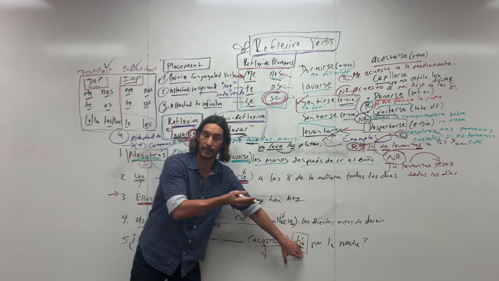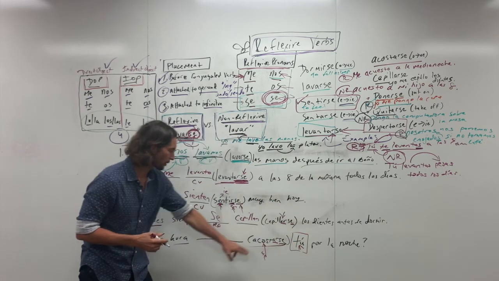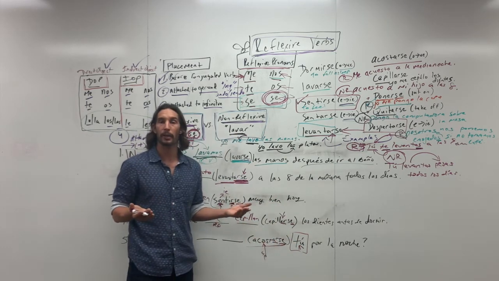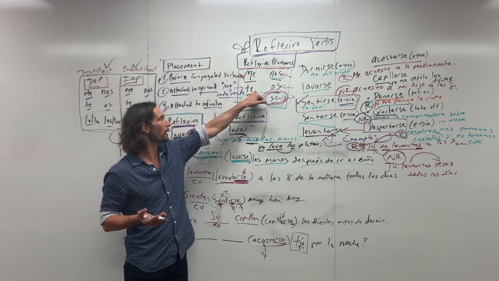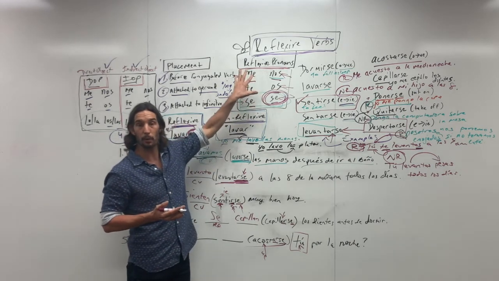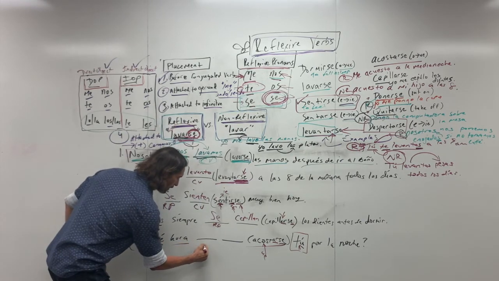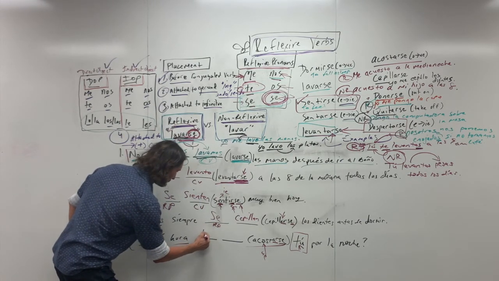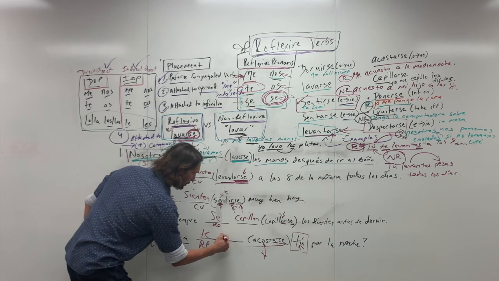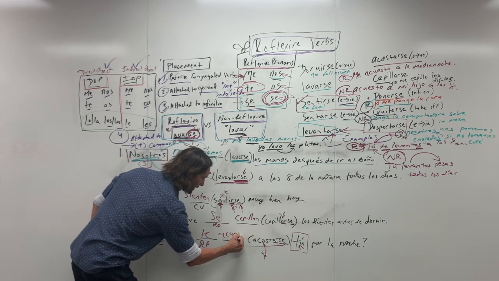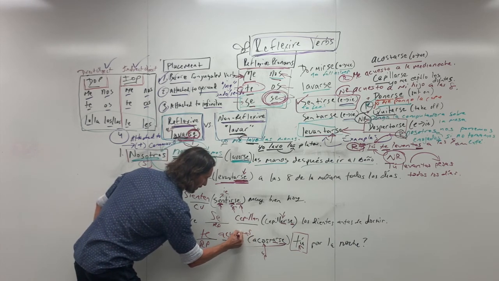So AR, present tense, tú. And then of course, what is this reflexive pronoun going to be for tú? Well, we'll come over here. It's sort of buried at this point, but there's te, right? And so we're going to do our reflexive pronoun, which is te. And then we have acostarse, so it'd be acuestas, right?